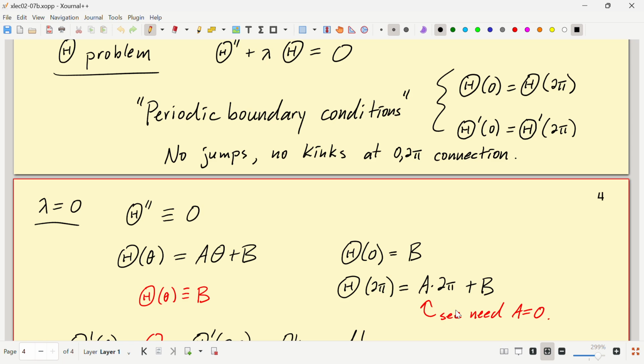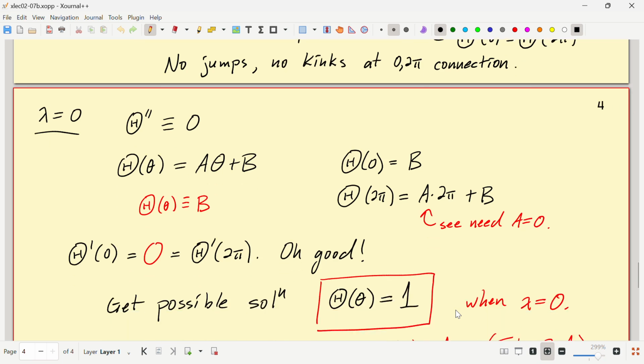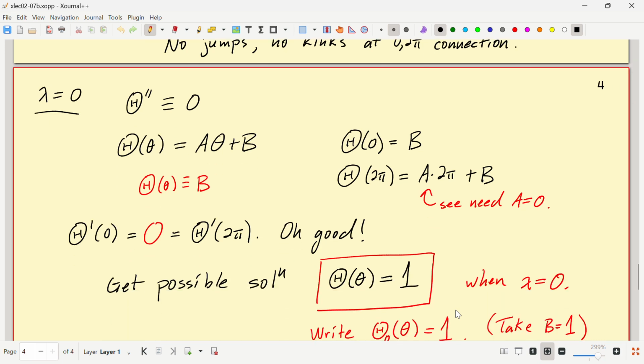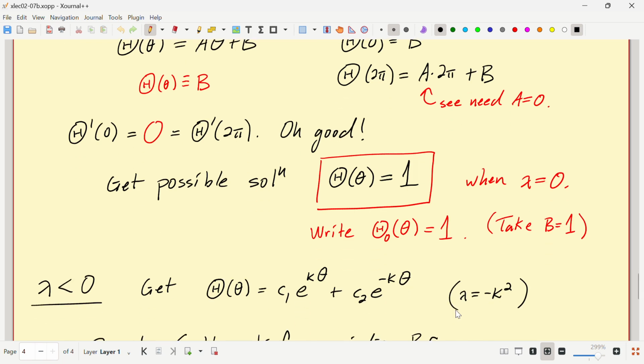And a constant solution certainly can be made to satisfy those periodic boundary conditions. So we got one solution for lambda equals 0, namely the constant solution. And I took the constant to be 1, because later I'm going to take linear combinations of these things and get more solutions.